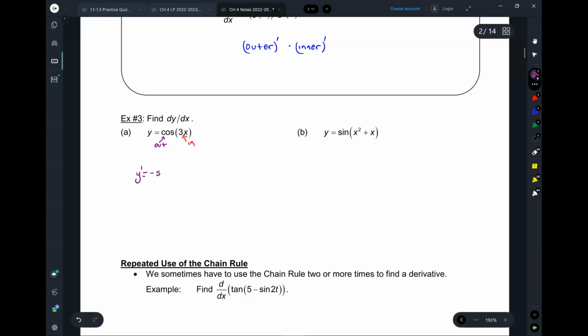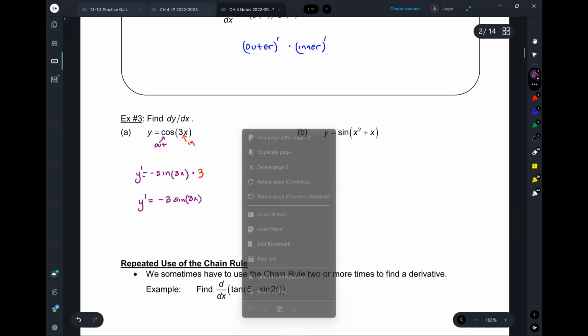Derivative of cosine, negative sine of what? 3x. Times. Now I zoom in, I go inside and I take a derivative of the inside function, 3x. The derivative of that is just 3. Clean it up. This is negative 3 sine 3x. Okay.